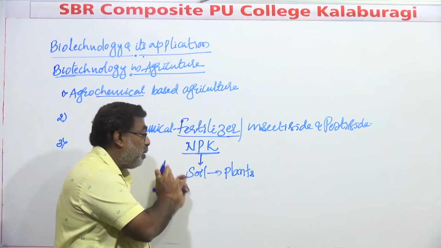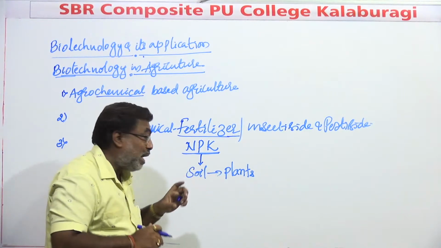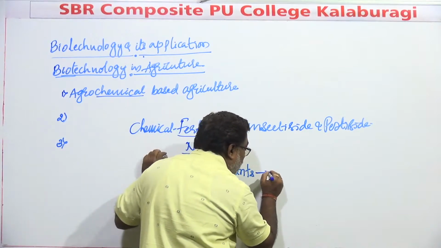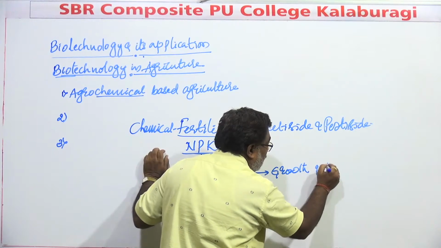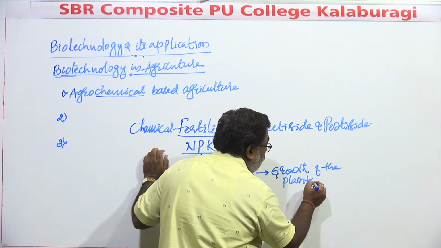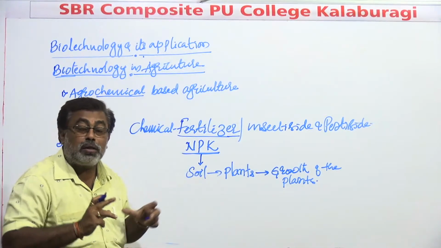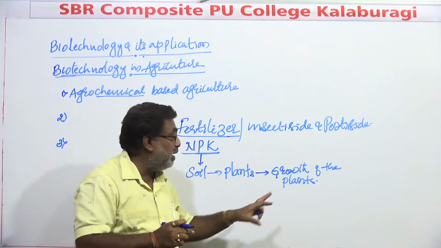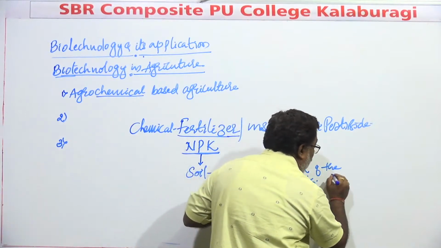Okay, by providing the NPK to the plants through the soil, what happens? The growth of the plant will be increased, or luxuriant growth will take place. As luxuriant growth takes place, what happens?